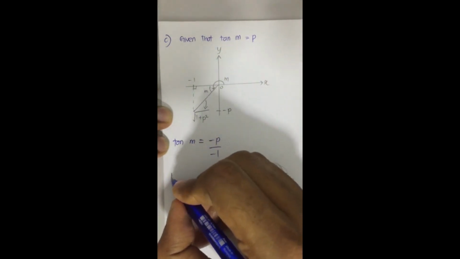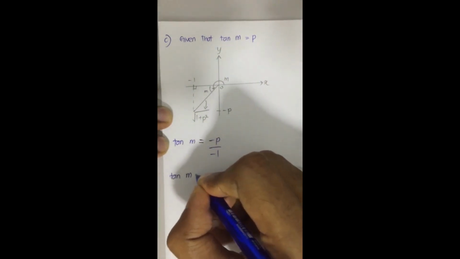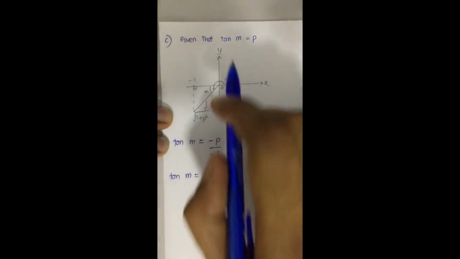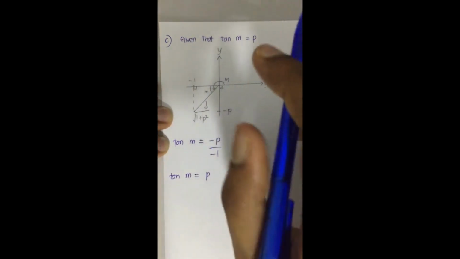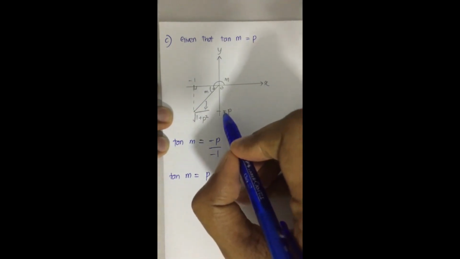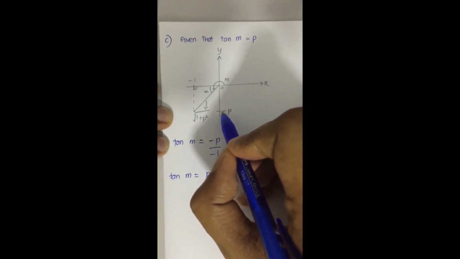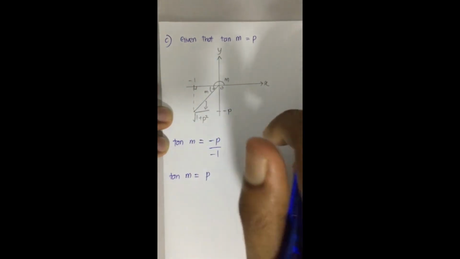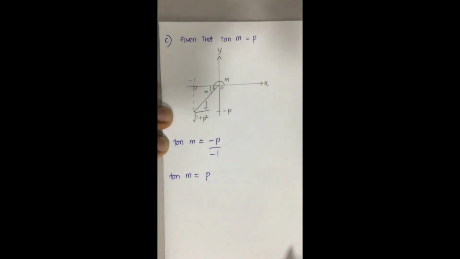So that's how you get tangent M equals P. Actually, the question already gave us the hint, guys. M is a reflex angle, so that's the reason why I put the horizontal and vertical distances as negative 1 and negative P respectively. I hope you understand what I mean, guys.